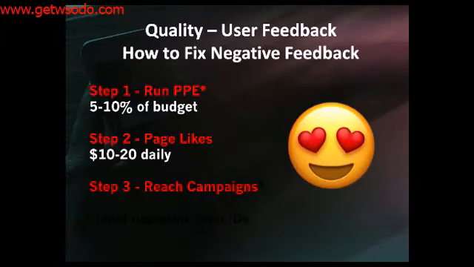The big boy here, if you have really bad negative feedback, this should do the trick. Step 3 is do a reach campaign. When you do these, you get CPMs that are wicked cheap, like $1 to $3 or $4 max in the US. So super cheap CPMs. And since this is a reach campaign, the objective is just to reach people.